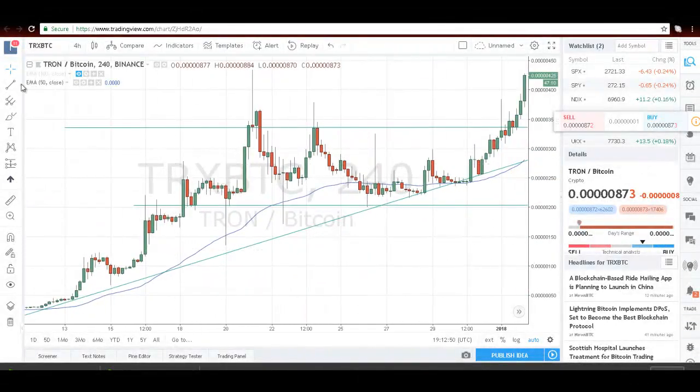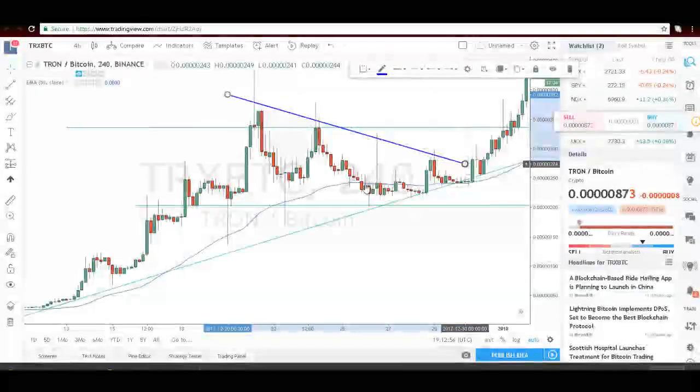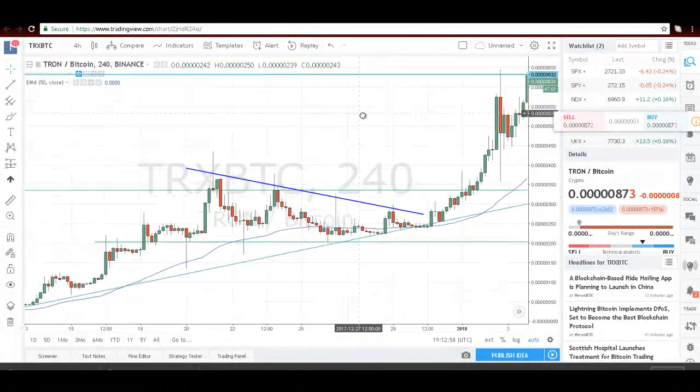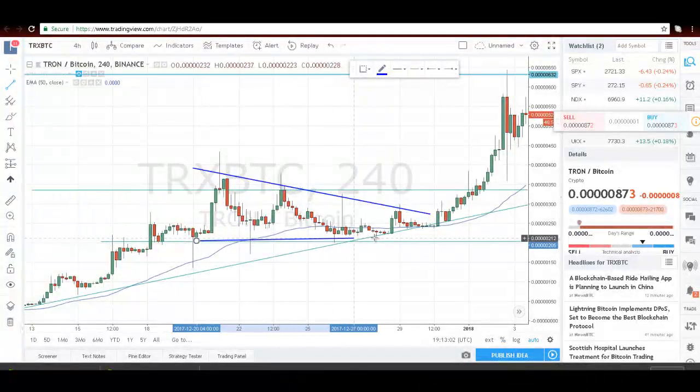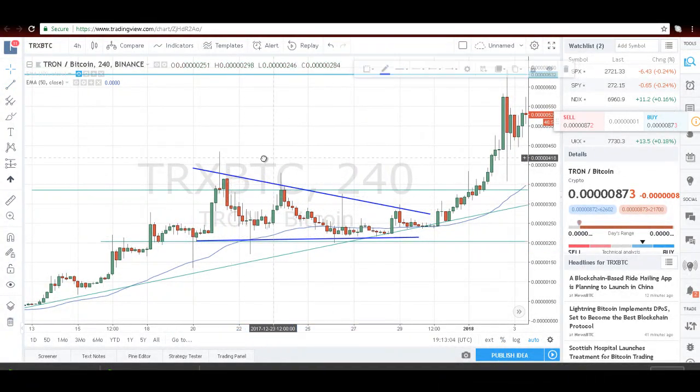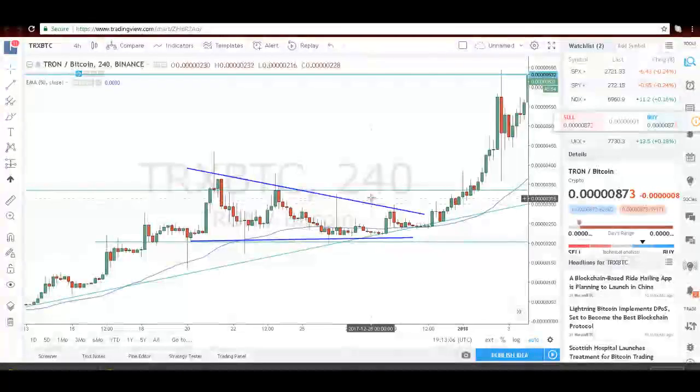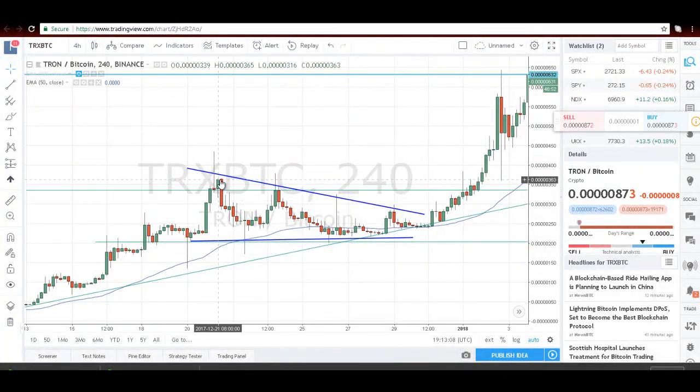This is an area where Tron TRX consolidated, right? And you can draw this area multiple ways, but because it was a triangle, you can just basically box it in, right? Have a horizontal line right here and a horizontal line at the bottom of this.